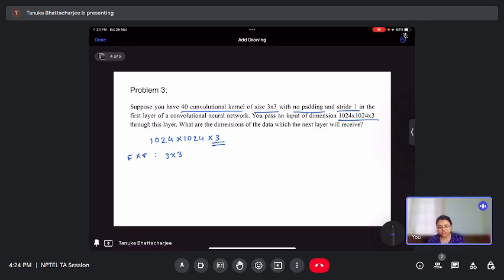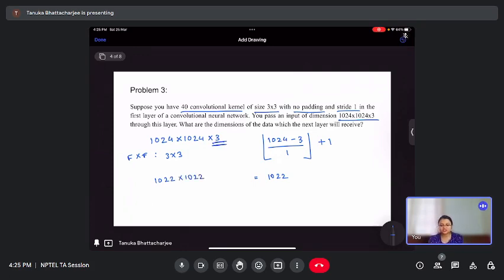For each of these channels, the output matrix size will be 1024, we are not using any padding, so minus f, divided by stride, the floor of that, plus 1. So, 1022. Each of these channels will reduce to 1022 cross 1022.